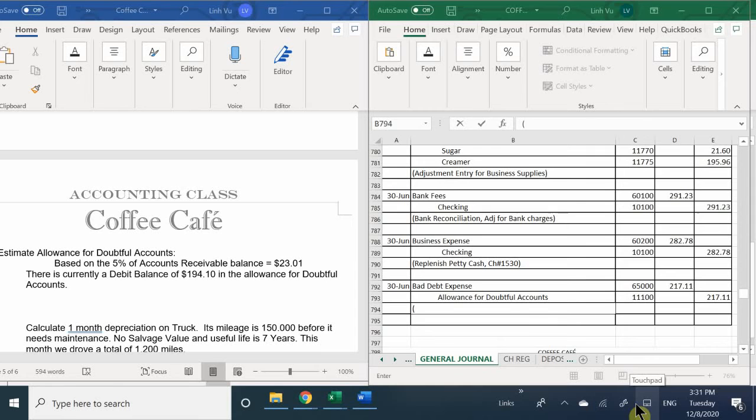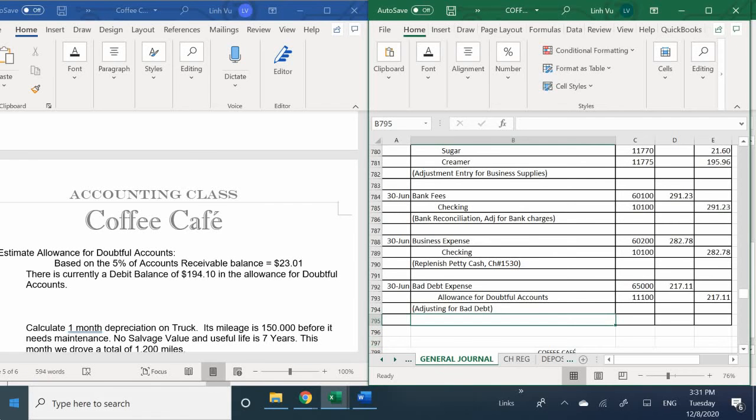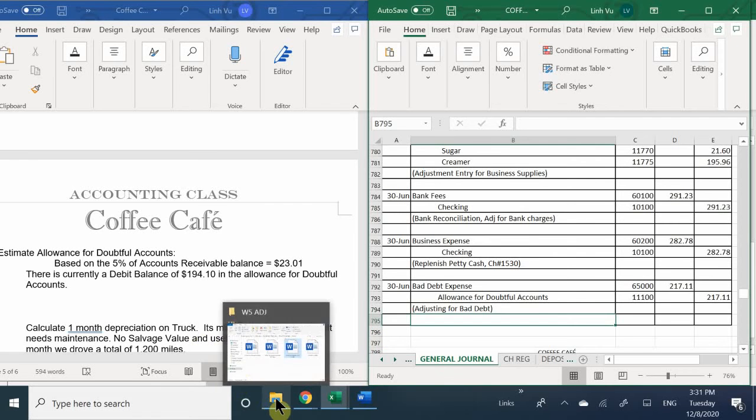So here I'm going to indicate that this is adjusting for bad debt, or you could do uncollectible debt, whatever it is. So let's go ahead and go into our ledger.